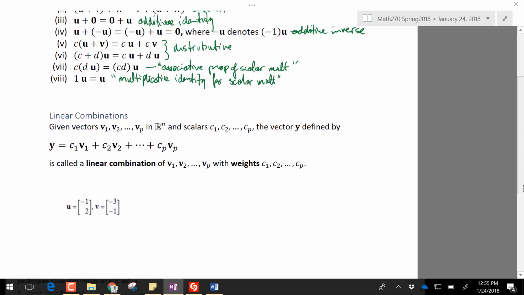The idea of a linear combination just means you take all the vectors that you're talking about, and then you scale each one, and then you add them all together. So whenever you can express that quantity or that expression, then you have what's called a linear combination of vectors.